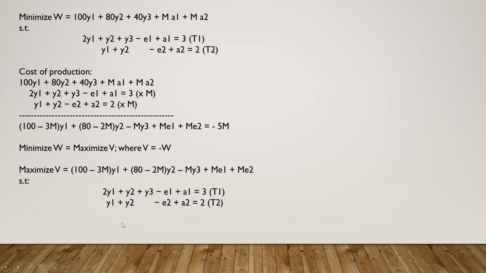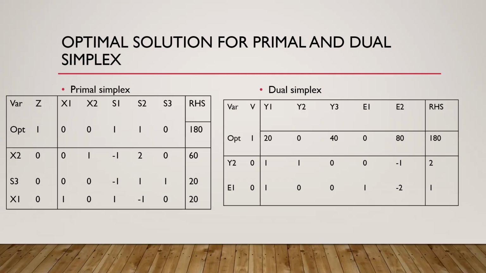You can see I don't have a non-negativity constraint. Let's say you have just solved it manually. Let's see what is the difference between the primal and the dual simplex. Of course, we have different decision variables. Here we have x1, x2, and s3 as our basic solution.